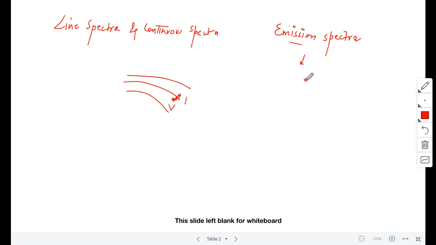When an electron falls to its lower state, it gives off a photon whose energy equals the difference in energy between the two energy levels. Suppose this is the first energy level and this is the second energy level.